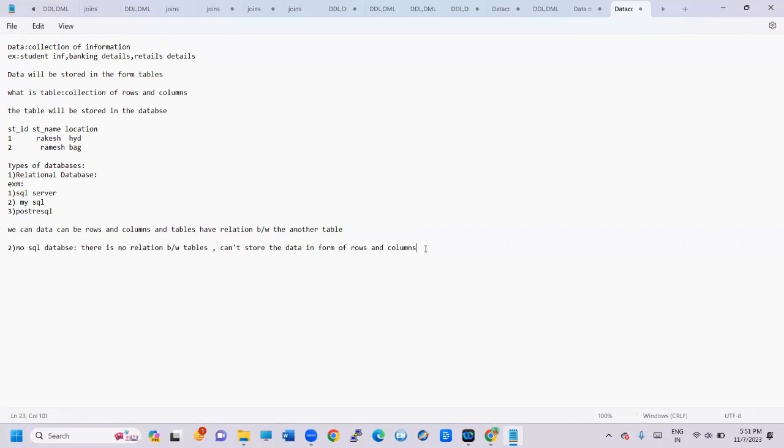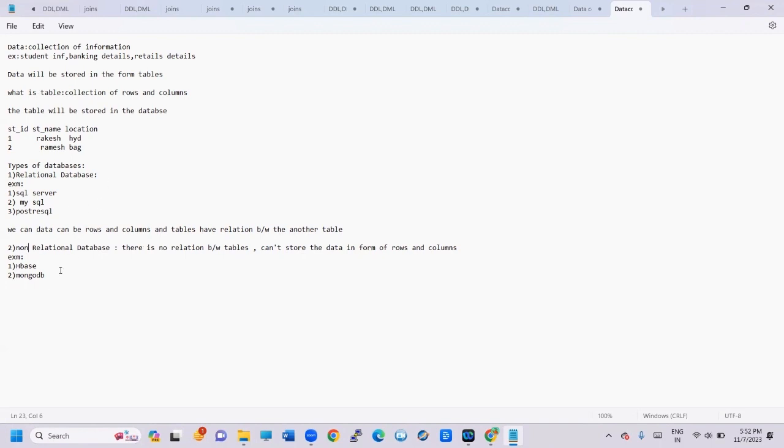Examples of non-relational databases: one is HBase, another is MongoDB, and so on. These are examples of non-relational databases.